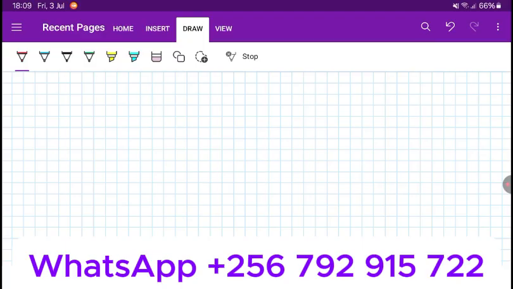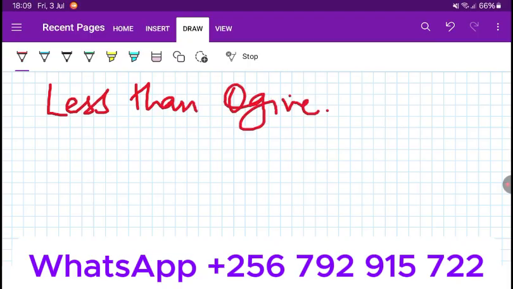So let's look at the less than ogive. I'm using ogive because it's kind of short.